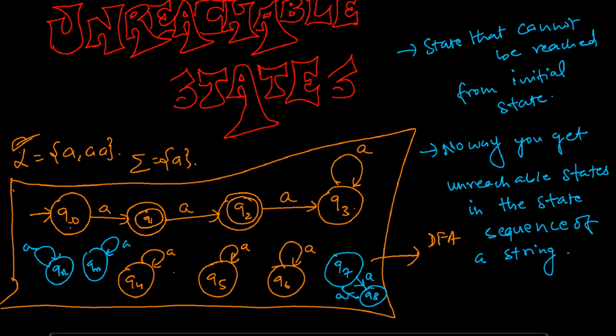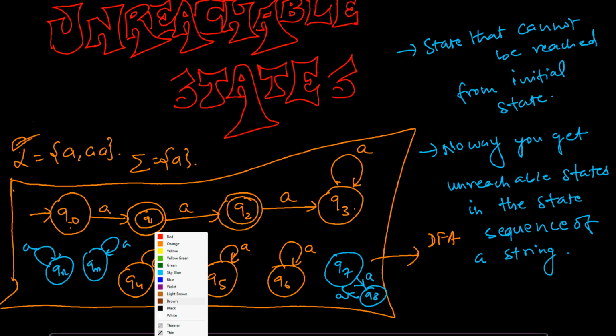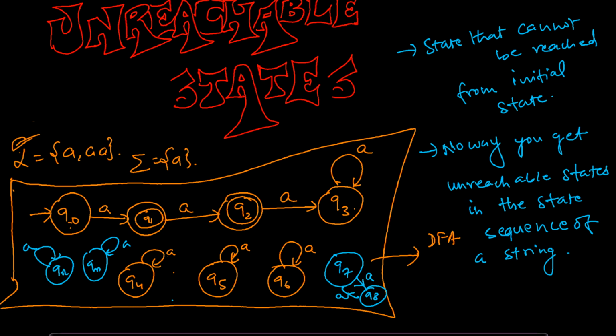So far we have constructed DFAs for finite languages only, and we took just one example of a DFA with loops to get a sense of what we will see in the upcoming videos, when we will be constructing DFAs for infinite languages. But what I am trying to convey right now is that unreachable states will not come in the state sequence of a string. So basically, unreachable states are of no use.